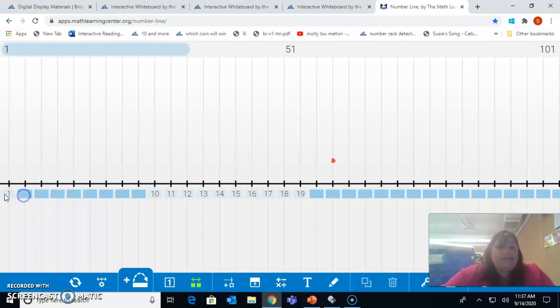And I want you to really look at these numbers. What do you notice about them? Did anybody say that they all have ones in the front? Does it follow the same pattern that the previous ones did? 0, 1, 2, 3, 4, 5, 6, 7, 8, 9.